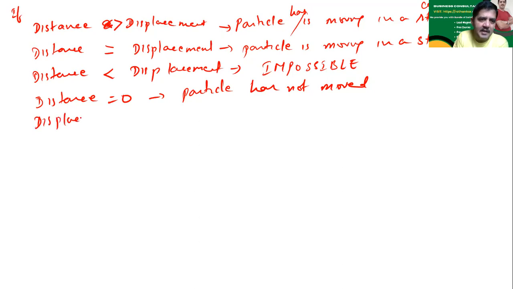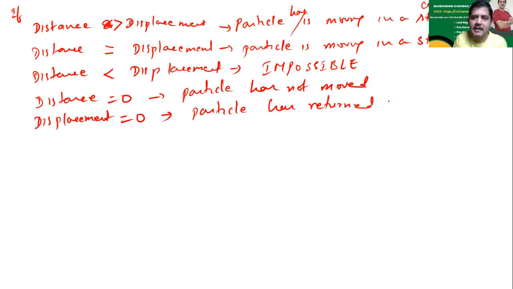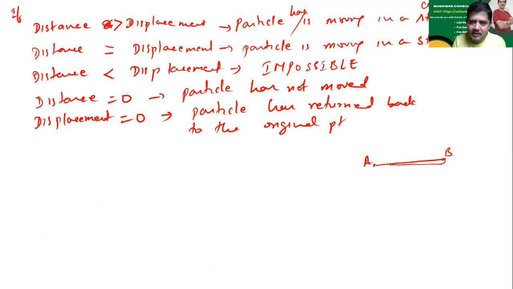If displacement is equal to 0, then what do you infer? You will say the particle has returned back to the original point. See, I start from point A, go to point B, and take a U-turn, come back to the same point. Then the shortest distance is zero, it is at the same point.